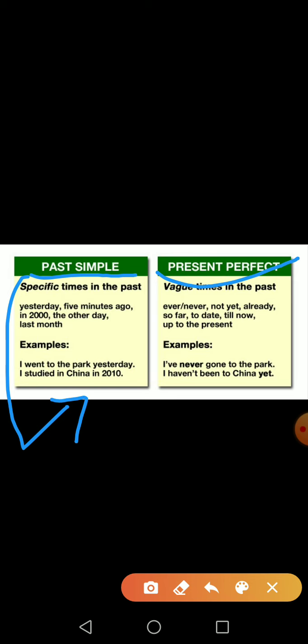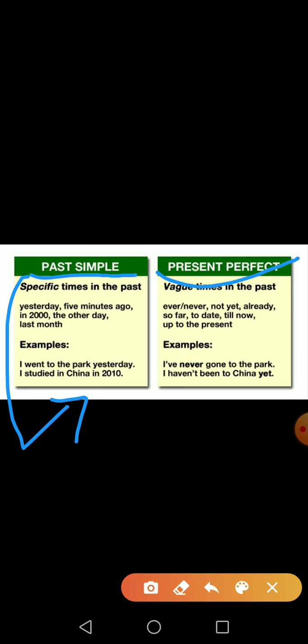I went to the park. Is it I? Went or park? No, of course it is went. So the action in this sentence is went. And when we see went, that means we are talking about the past.